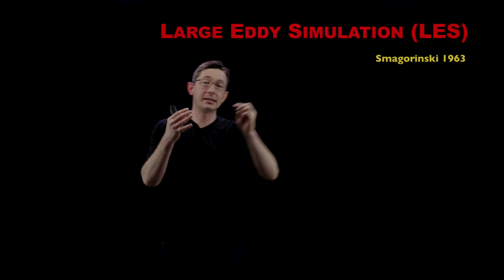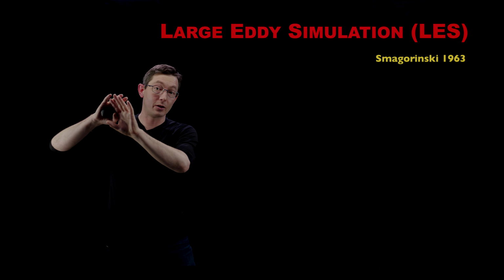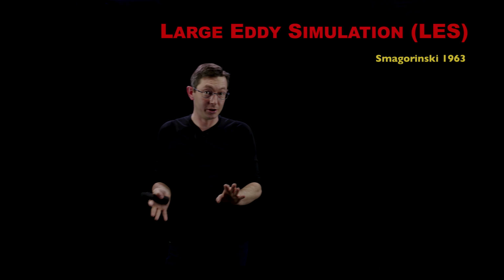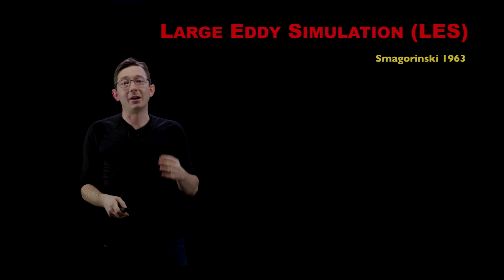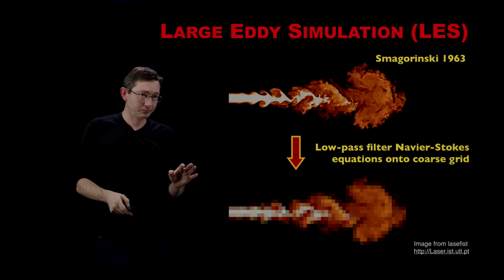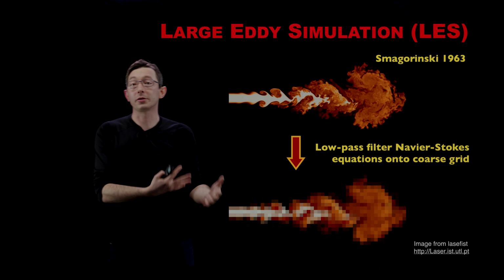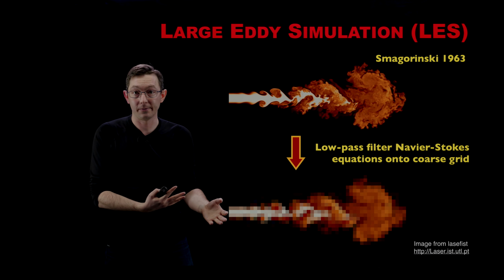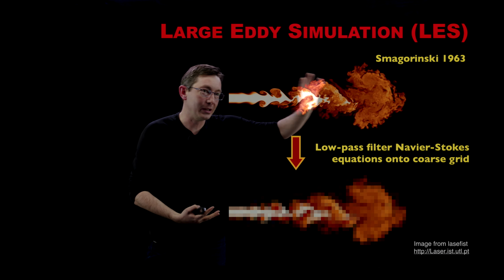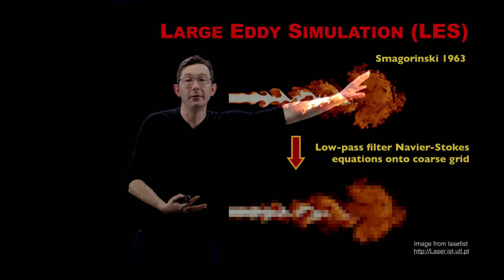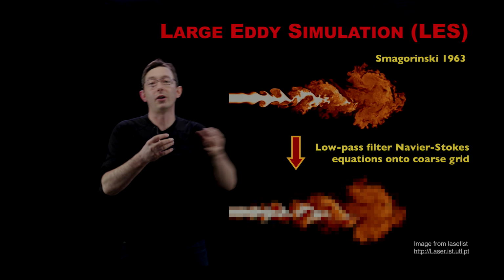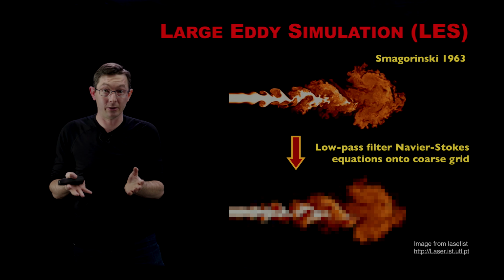Smagorinsky proposed that instead of solving the Navier Stokes equations on a very, very high resolution grid, we would solve them on a much lower resolution grid, and essentially low-pass filter or coarse grain the Navier Stokes equations. Solving all of the scales of an Earth-scale flow would be far too expensive even for our biggest supercomputers.